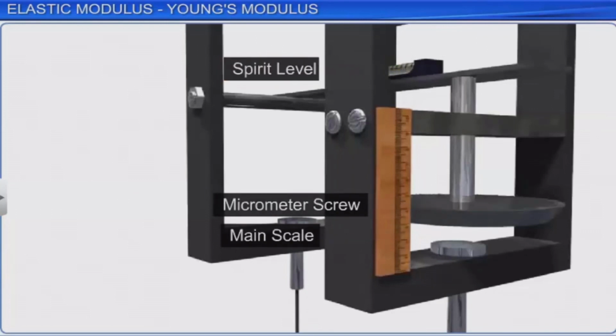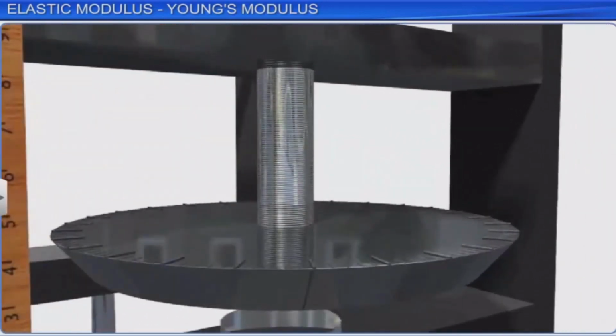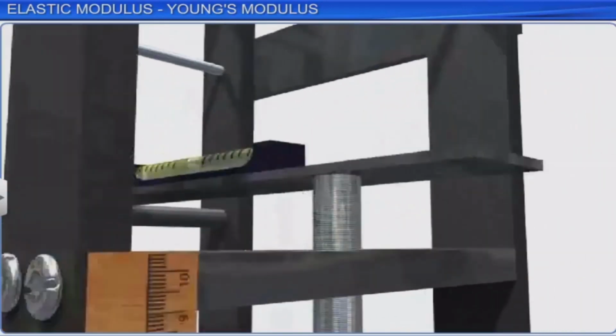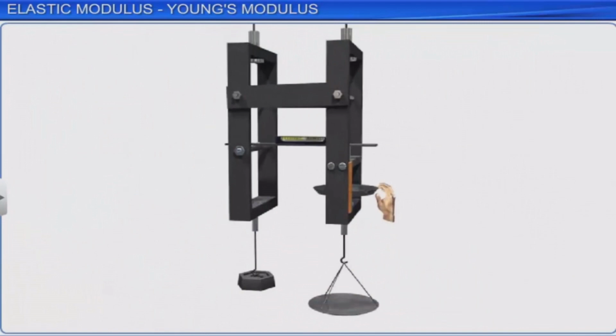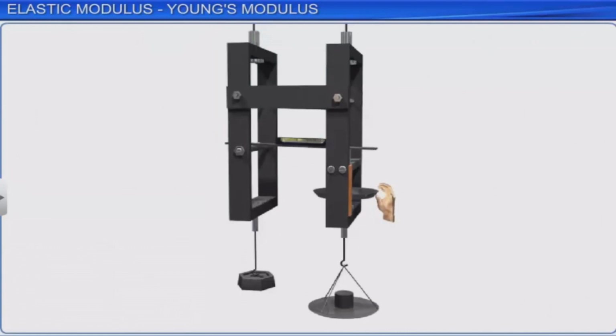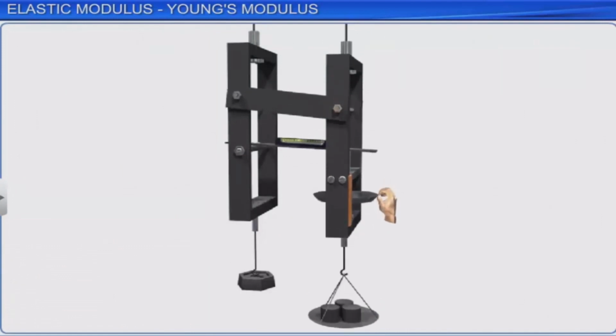The micrometer screw is moved to make the spirit level horizontal, and the micrometer reading is noted. As a load is added to the pan on the experimental wire, the wire gets extended and the spirit level no longer remains horizontal. The micrometer screw is moved up to make the spirit level horizontal again, and the new reading is noted.